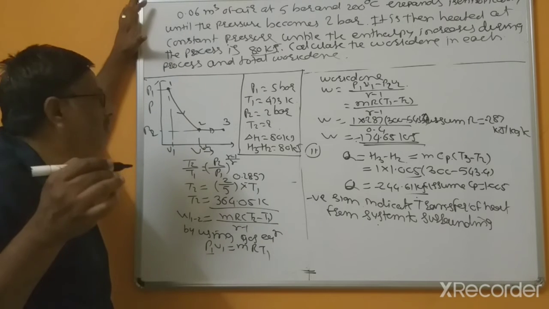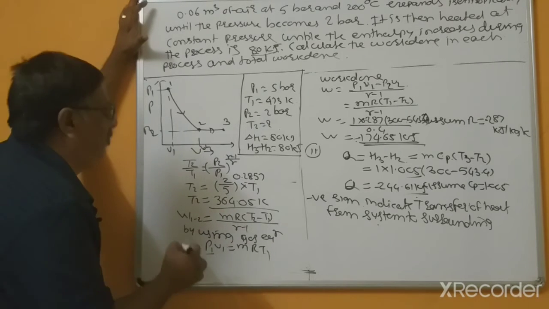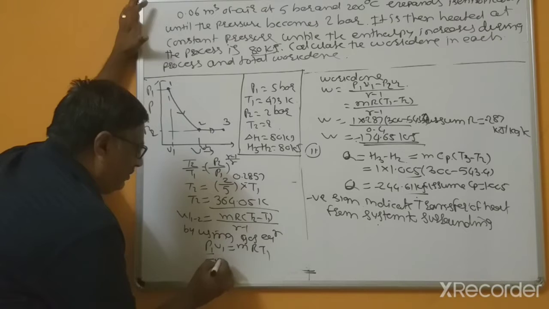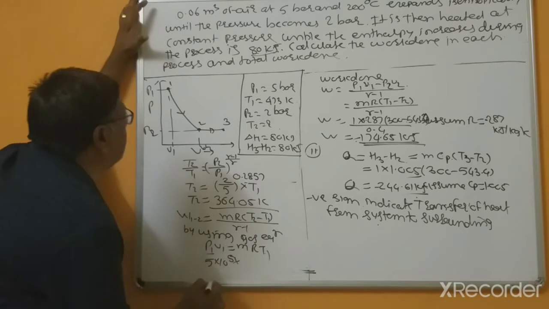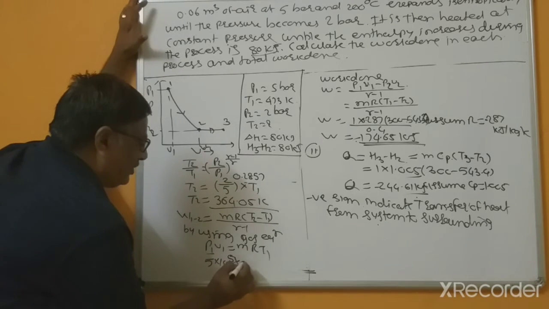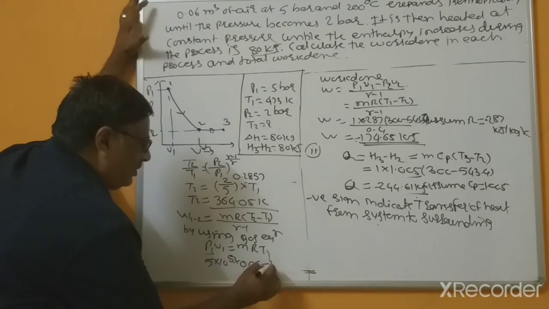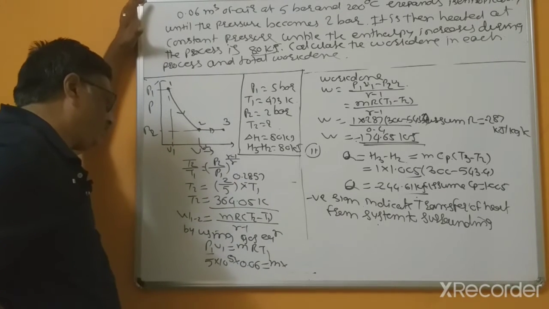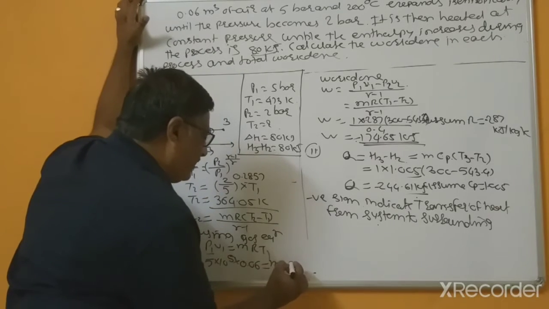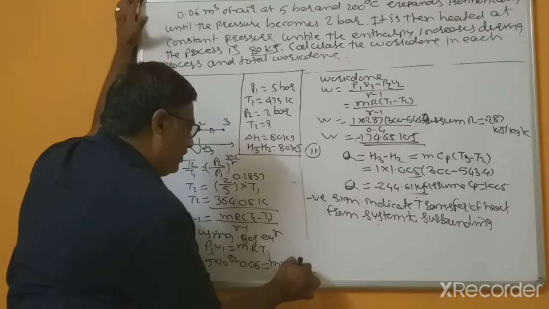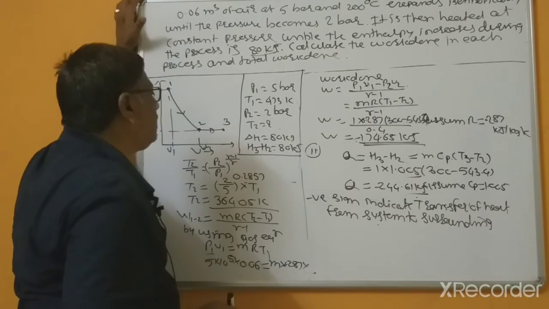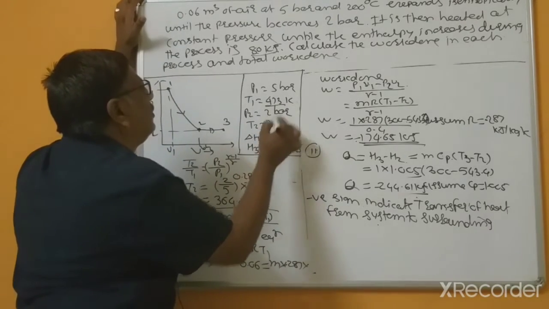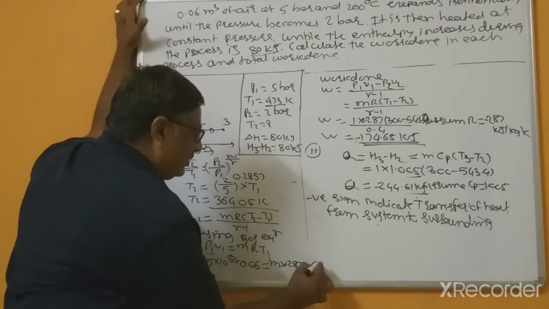P1 equal to, now we have to consider this in terms of 10 to the power 5, V1 0.06 m cube and this R 287 joule, T1 temperature 473.